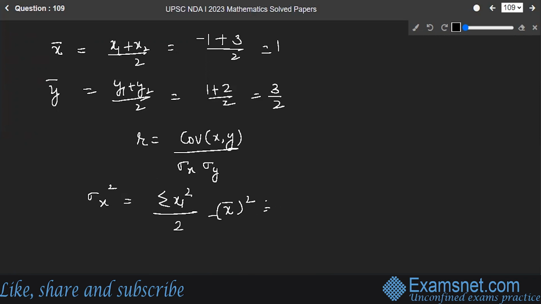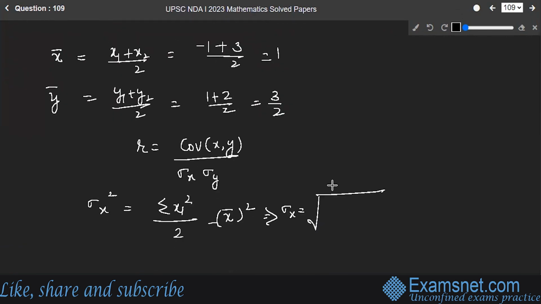So variance of x is equal to root of 5 minus 1, that is 4, that is 2. So this is equal to 2.